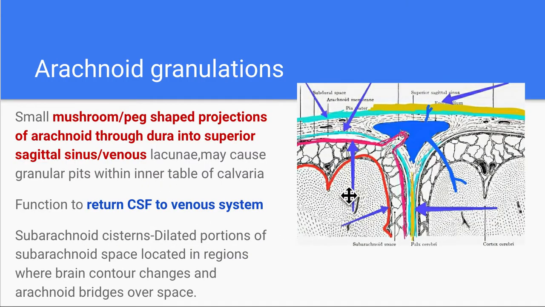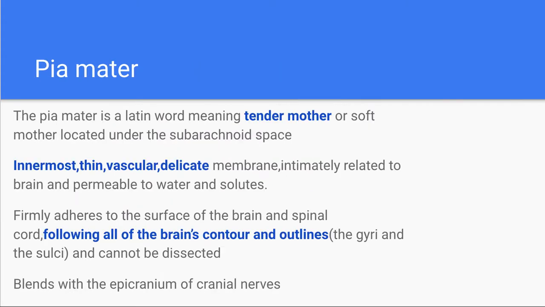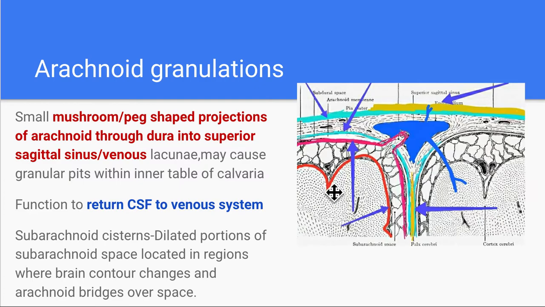So this is our pia mater. It's closely adherent to the brain, and it is the innermost thin vascular delicate membrane. It firmly adheres to the surface of the brain and spinal cord, following all of the brain's contours and outlines in the form of gyri and sulci, and cannot be dissected. So it's following all of its outlines as well.